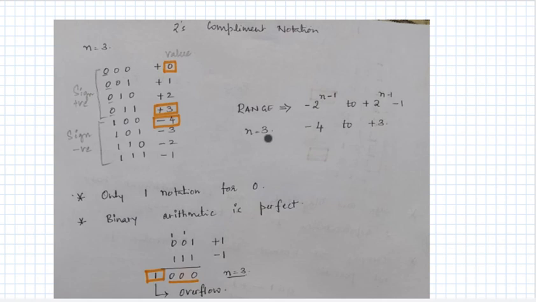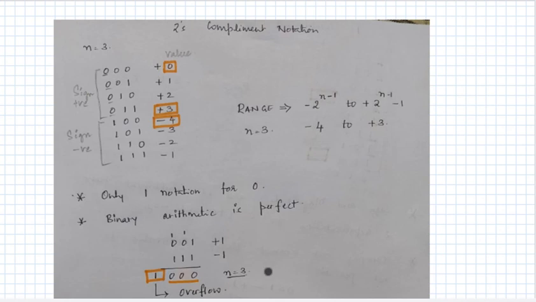In general, the formula is minus 2 to the power of n minus 1 to plus 2 to the power of n minus 1, minus 1. So the advantage of representing numbers in 2's complement notation is that it has only one representation for 0, and second, the range also expands, as well as whenever I perform an arithmetic operation, the result is absolutely right.